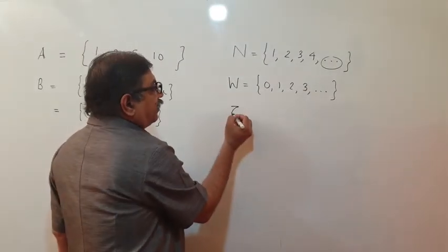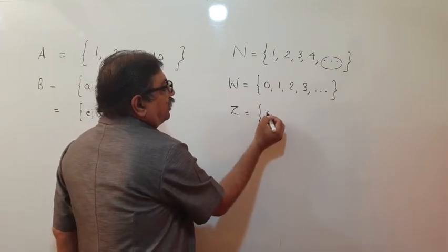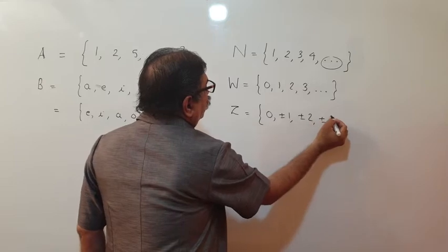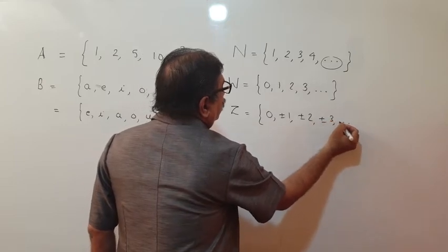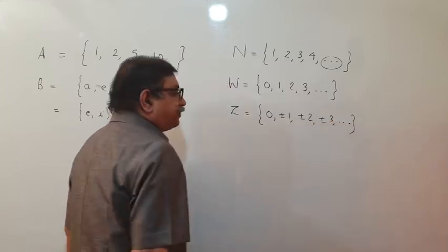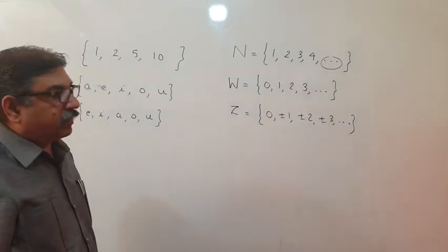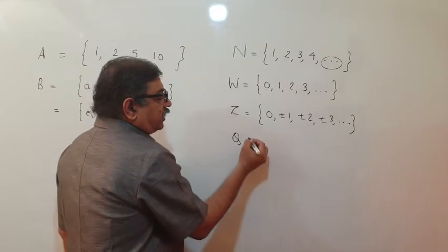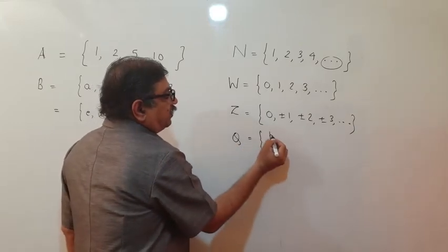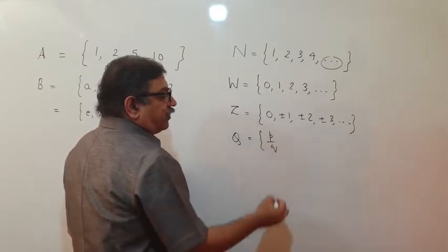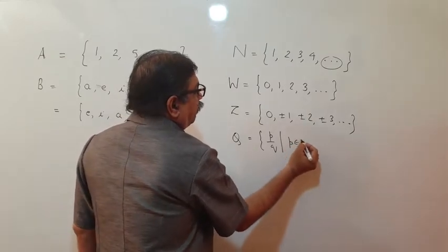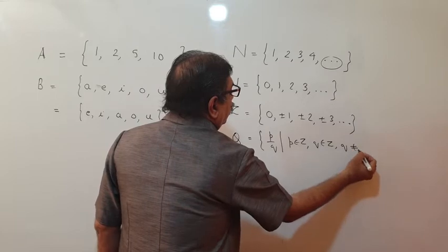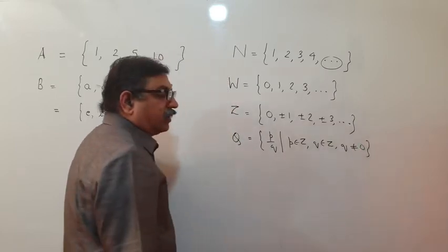Then we have Z, which is the collection of all the integers: 0, plus minus 1, plus minus 2, plus minus 3 and 3 dots, like this. Set of integers. Then we have the set of rational numbers, you must have studied in class 10, which is in the form of p by q, such that p is an integer, q is an integer, q is not equal to 0.